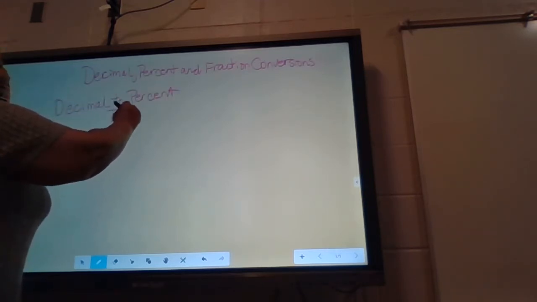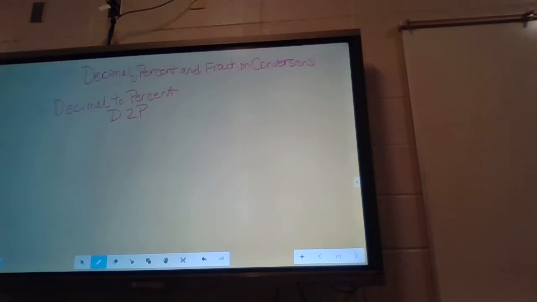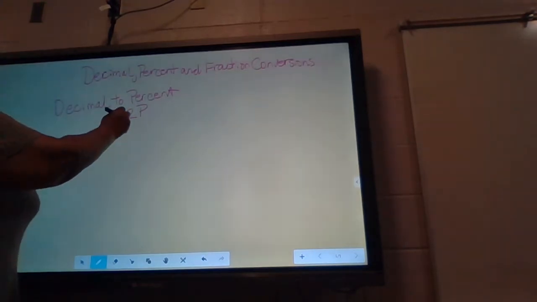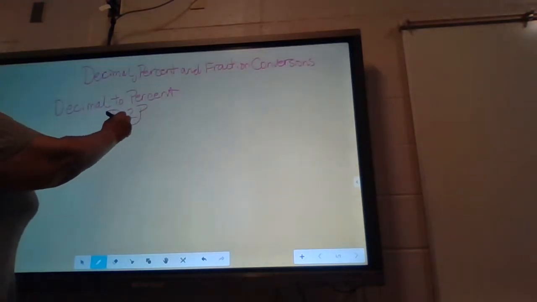That's D2P. Okay, so if you look in your foldable and you go to steps where it says decimal to percent, the steps are move the decimal 2 places to the right and then write the percent sign behind the number. Another way to remember, if I'm going decimal to percent, 1, 2.